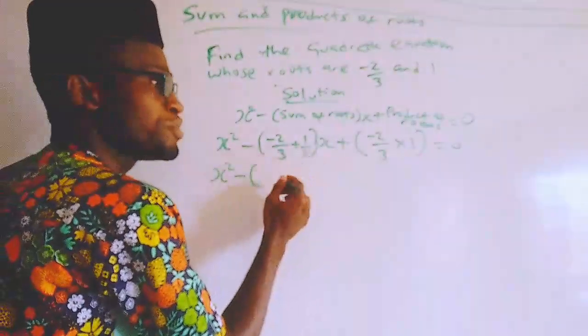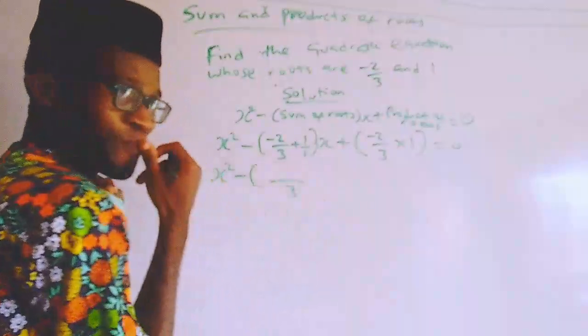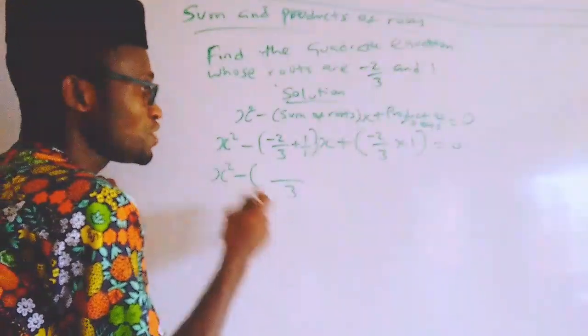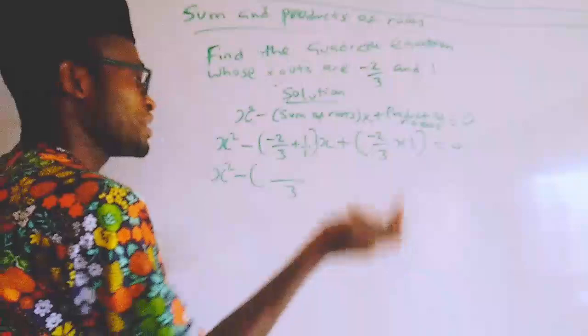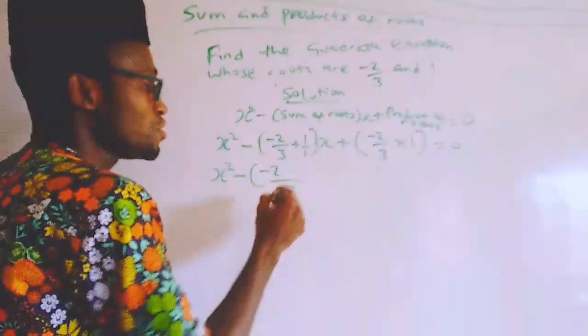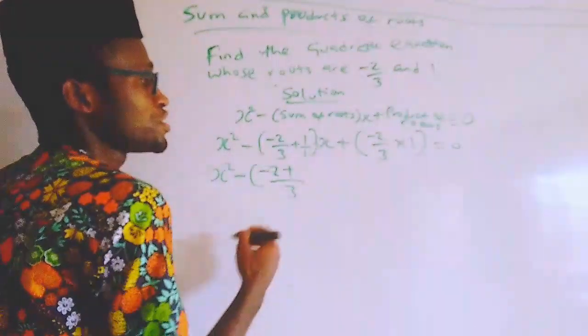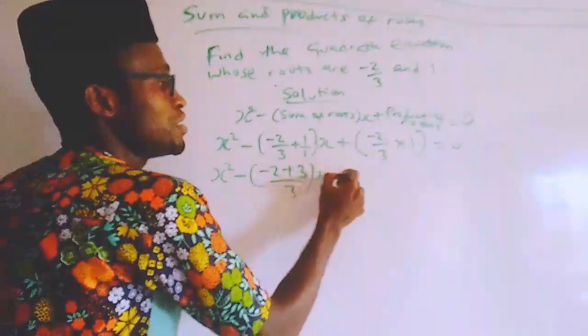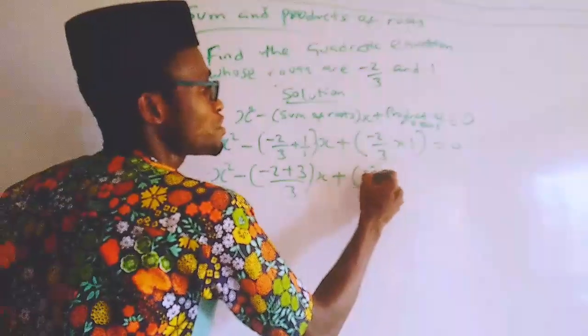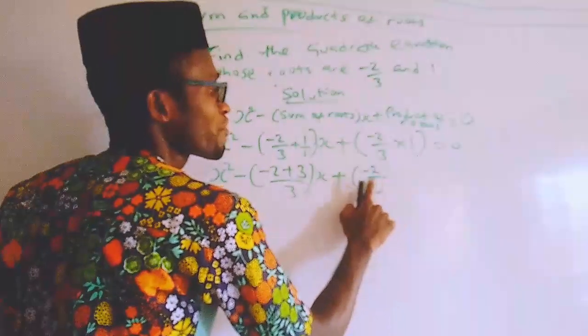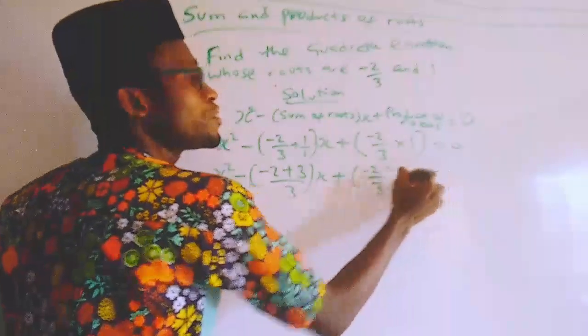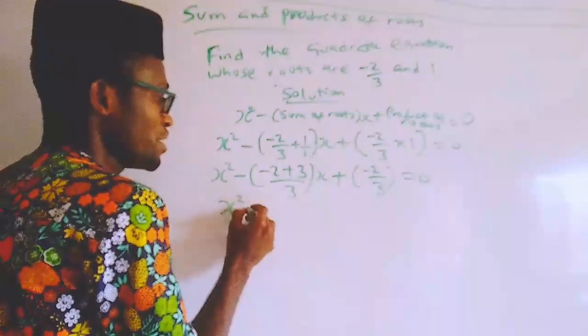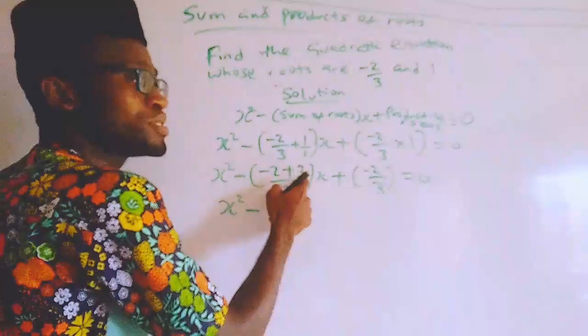The LCM of 3 and 1 is 3. So it's going to be 3 in 3, 1 times -2 plus 1 in 3 is 3 times 1, so equals 0.